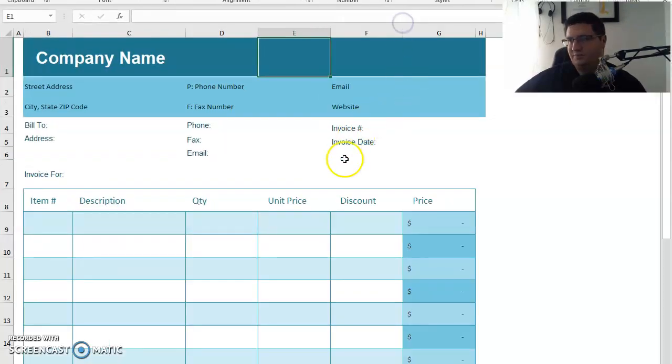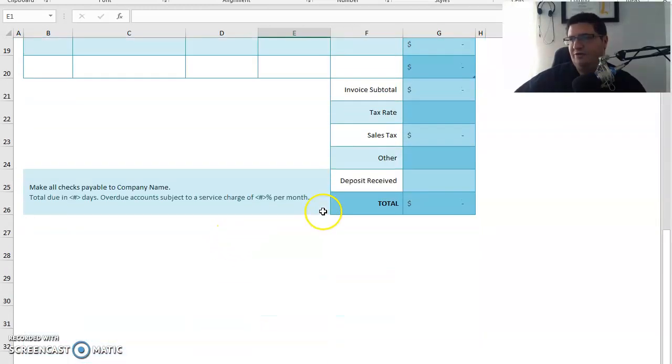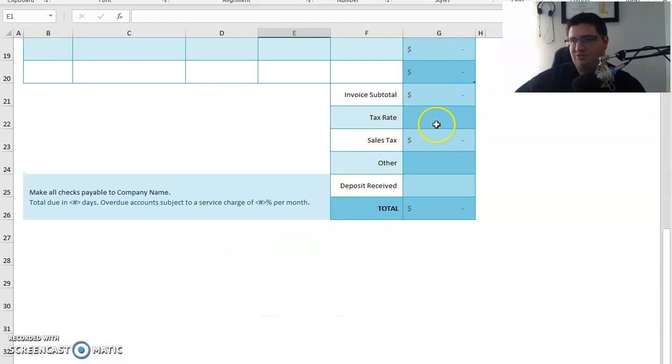Alright, so this is typically what an invoice looks like. This is just an Excel spreadsheet. But it's going to have the company name that's billing you, their address, their information, and then it's going to have bill to, so Bob's Automotive. It'll have the item and description, the price, and quantity. Down here would be the total, the tax rate if applicable, sales tax, and deposit received if you put money down.